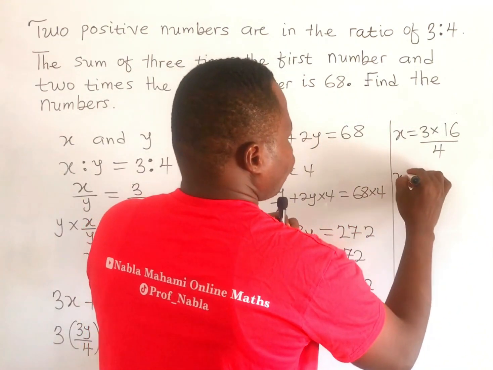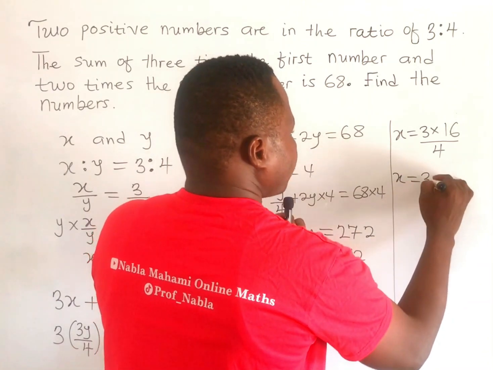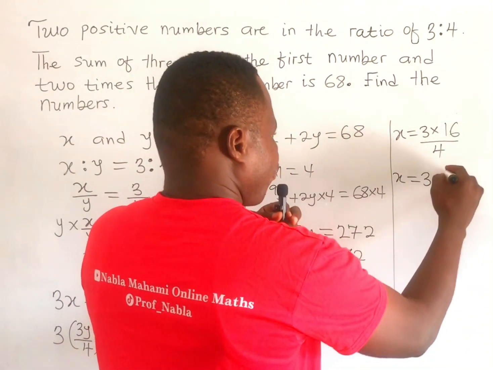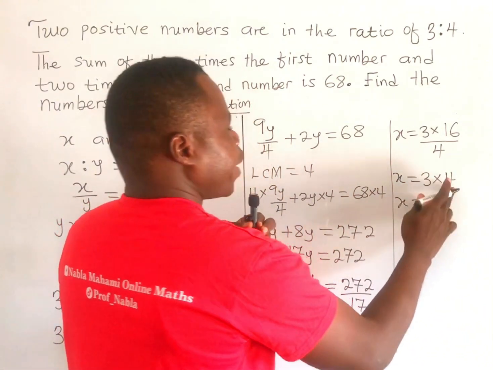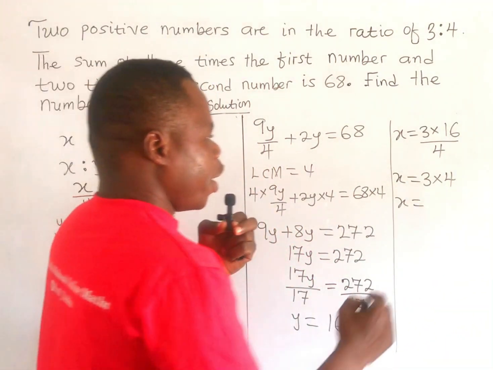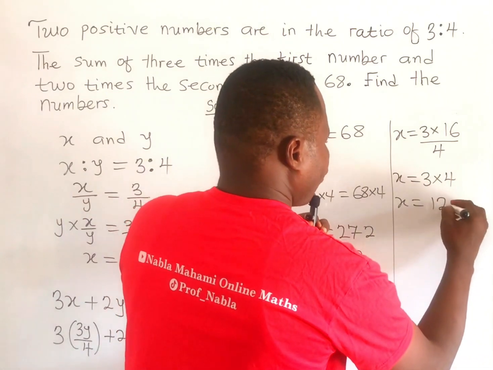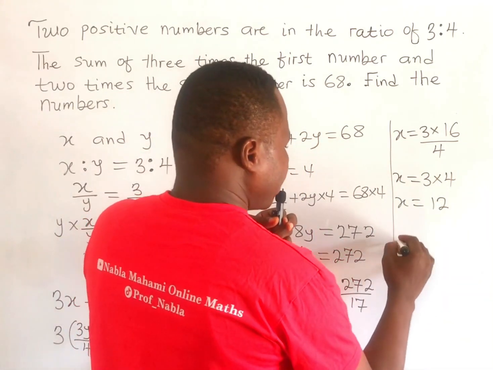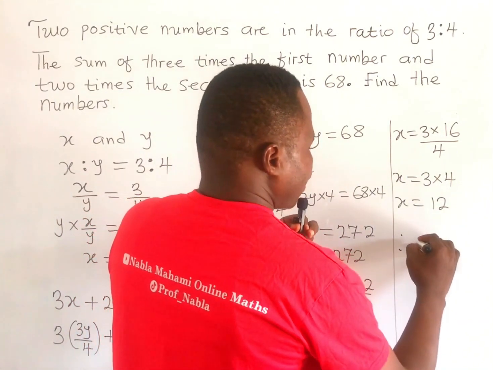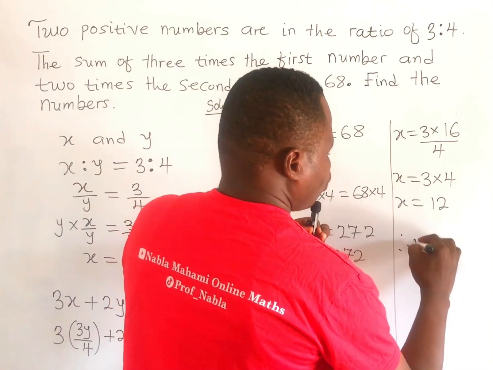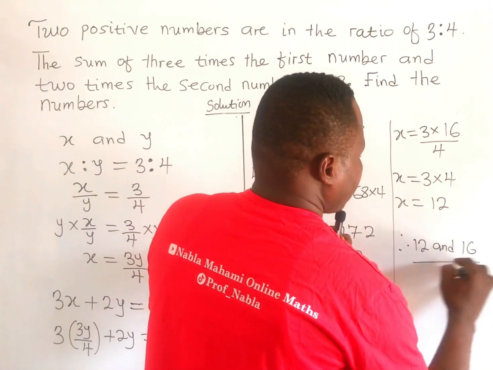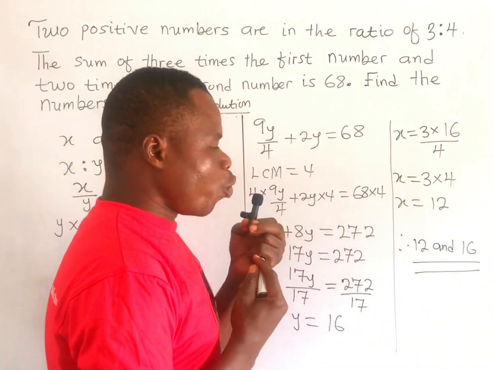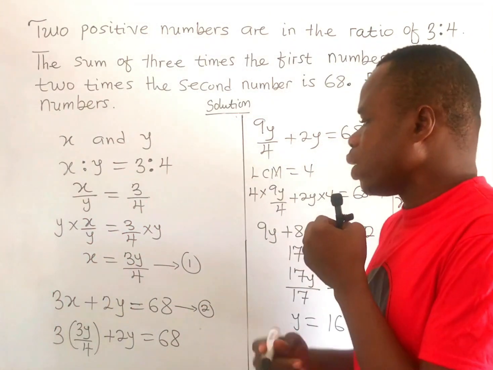And x will be equal to 3 times, 4 will go into 16 4 times. And I will now have x equal to 3 times 4, and that will be 12. And I can conclude by saying that therefore the numbers are 12 and 16.